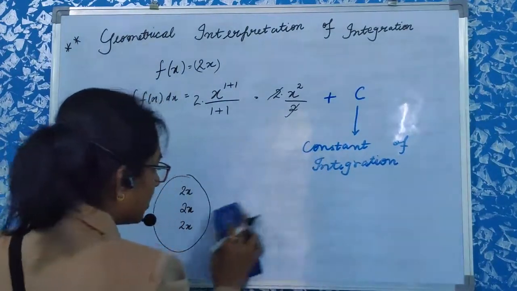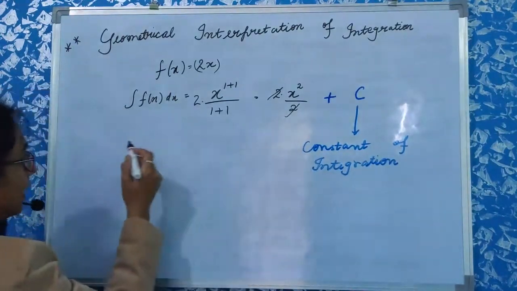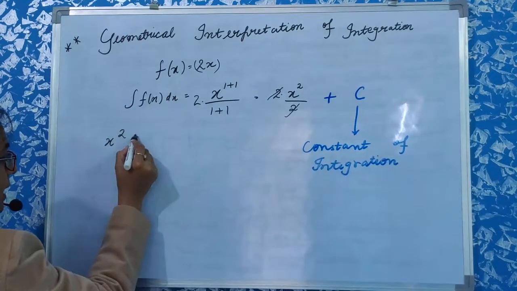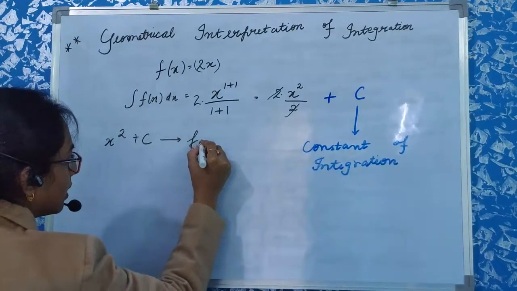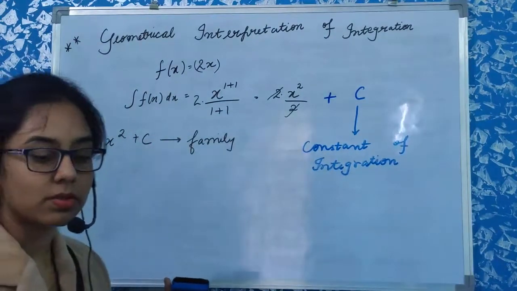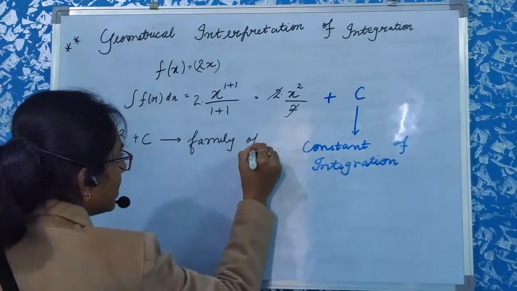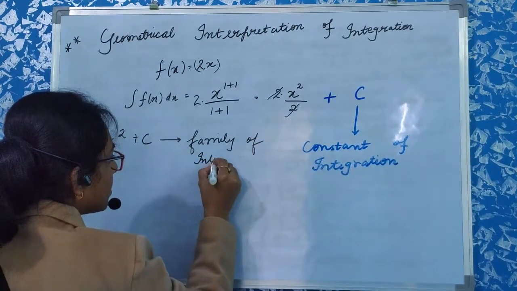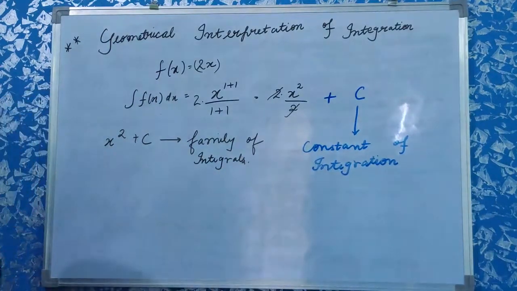Now coming back to the geometrical interpretation. x square plus c represents the family of integrals: x square plus 1, x square plus 2, minus 1, minus 3, whatever. So this is a family of integrals. And how are they different?